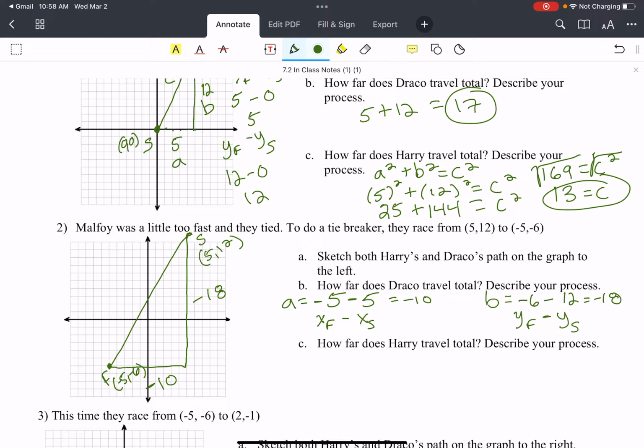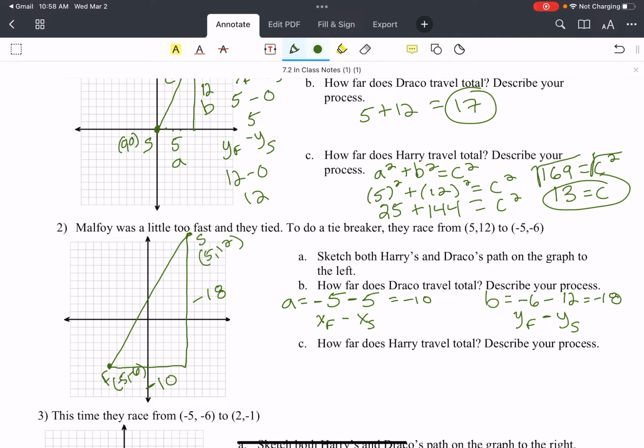Chase? Because you're going down. Because they're going down. Perfect. They should be negative. Is that going to mess up my Pythagorean theorem? Hey, what happens when I square a negative number? It becomes positive, so it's not going to mess it up at all.